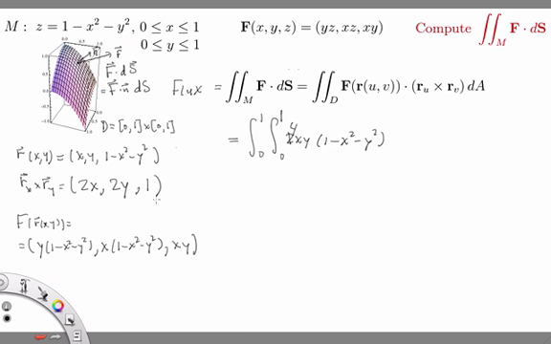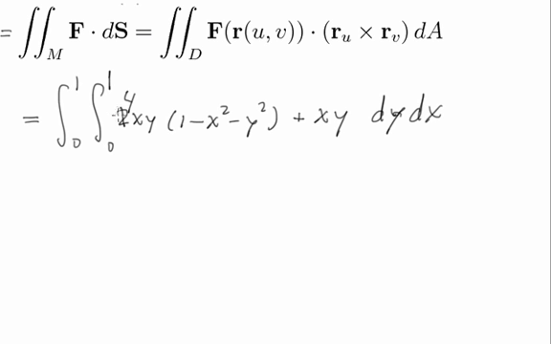And then the product of the last components is simply 1 times xy, so I get xy. And then if we take this dy dx. Okay, so now we have this double integral that we have to compute. And I think I'm going to split this up in a slightly different way.